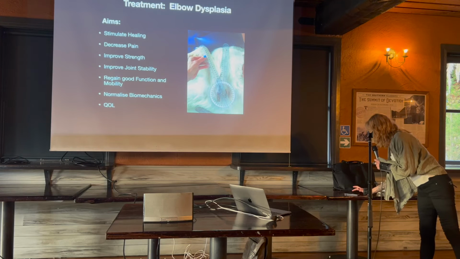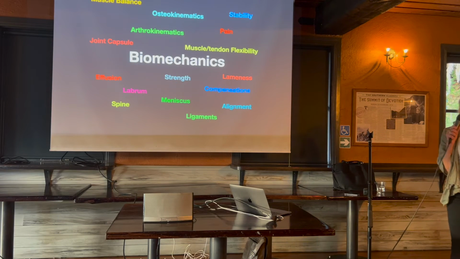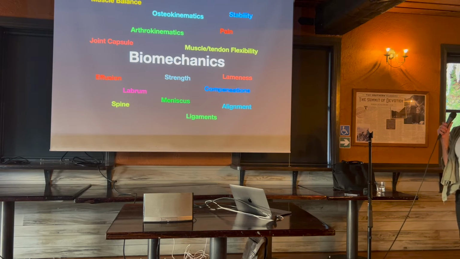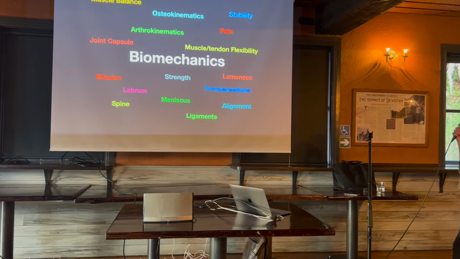So how do we do that? The big bulk of these with elbow dysplasia comes down to biomechanics, and I think Brent explained that really well, the mechanics that are going on when it comes to elbow dysplasia. Biomechanics is so complex, and there's more than what's up here on the slide. When we're talking about osteokinematics, we're talking about global motion of the joint, like elbow extension, elbow flexion, supination, pronation.